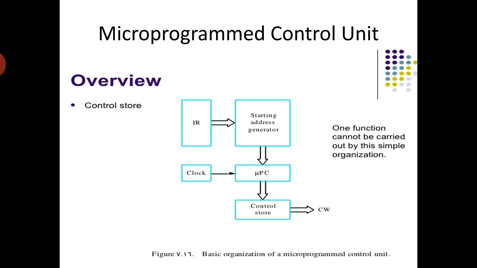This is the situation that arises when the control unit is required to check the status of the condition codes or external inputs, in order to choose between alternative courses of action.